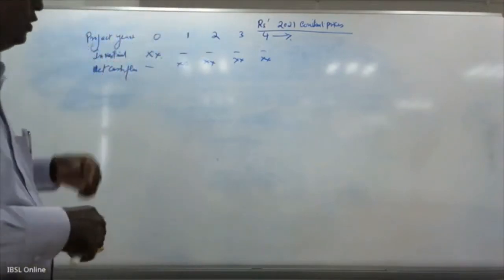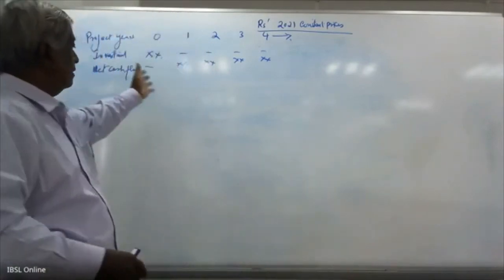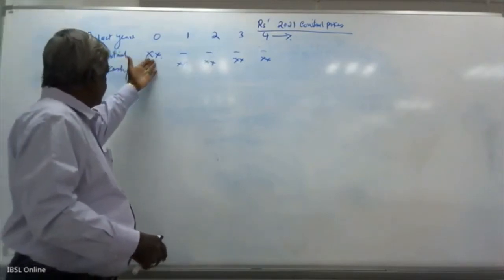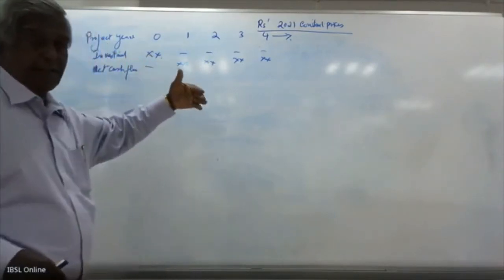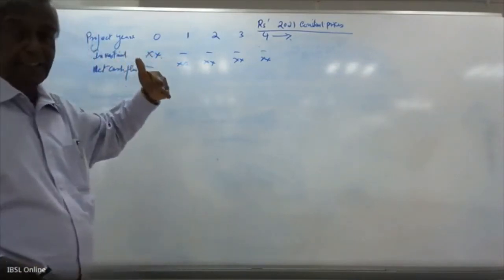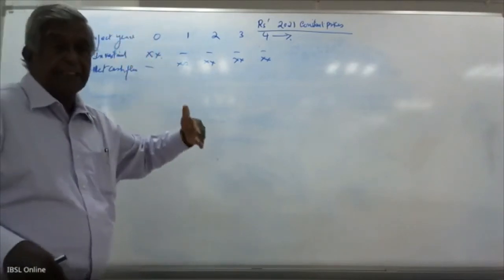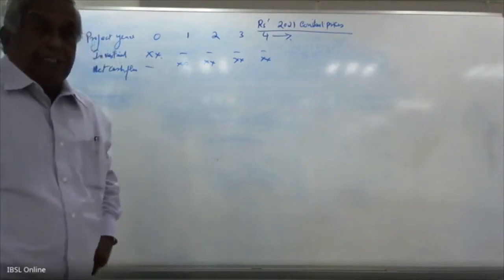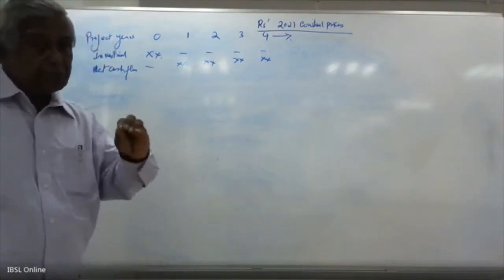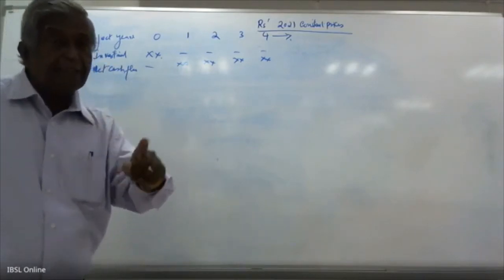Right. So in the projects, we are projecting and seeing whether the investment is giving a favorable return, whether this project is worthy when considering the time value of money.